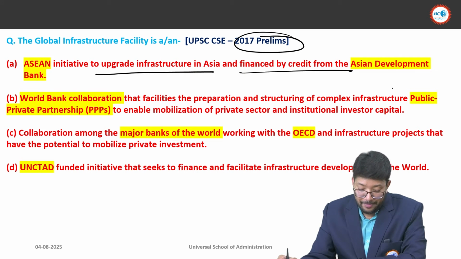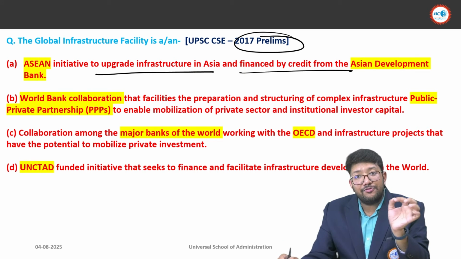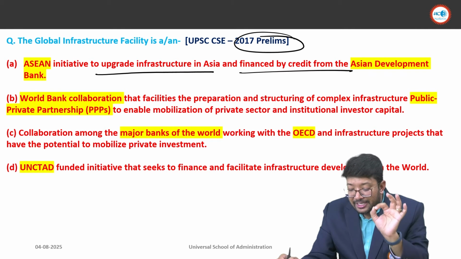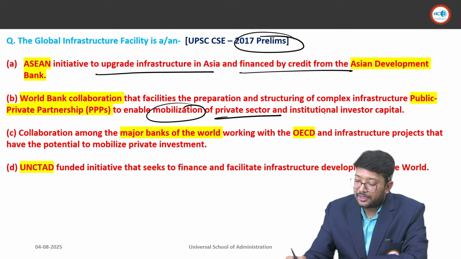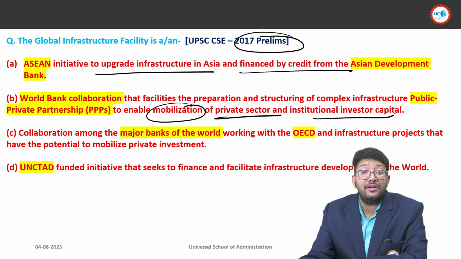from the Asian Development Bank. Second option, it is a worldwide collaboration that facilitates the preparation and structuring of complex infrastructure public-private partnerships to enable mobilization of private sector and institutional investor capital.